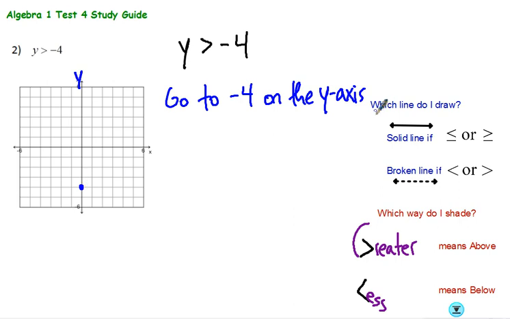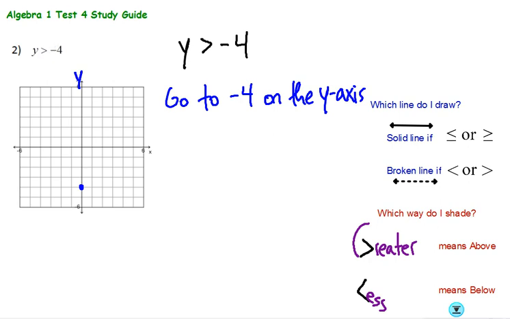First of all, which kind of line am I going to draw? Am I going to draw a solid line or a broken line? How you tell the difference is that you look to see if there's a little line underneath it, meaning the or equal to. A line underneath means you're including everything on that line. You're including -4. If we look at our problem, there's no little line underneath there.